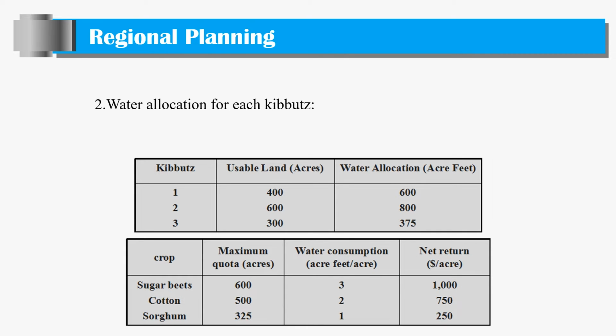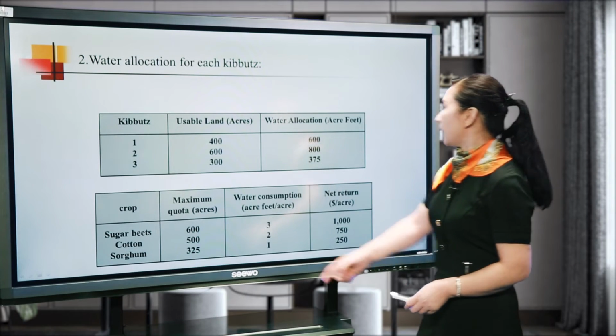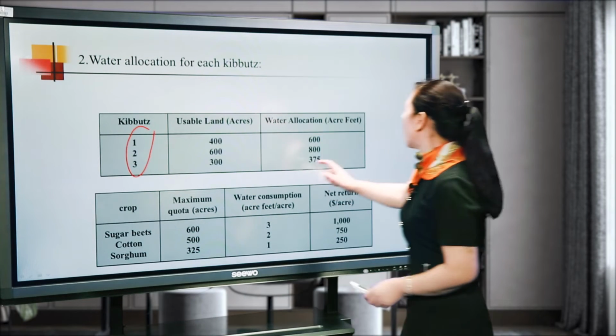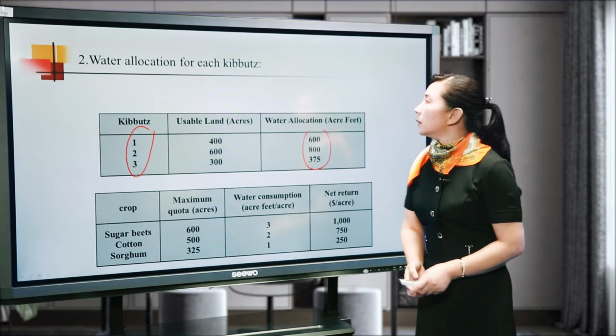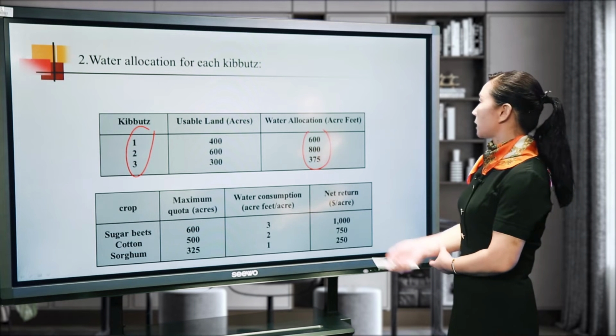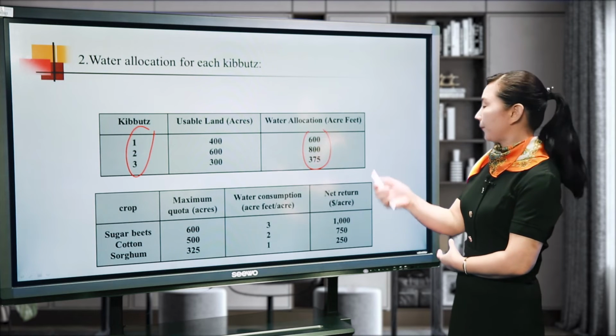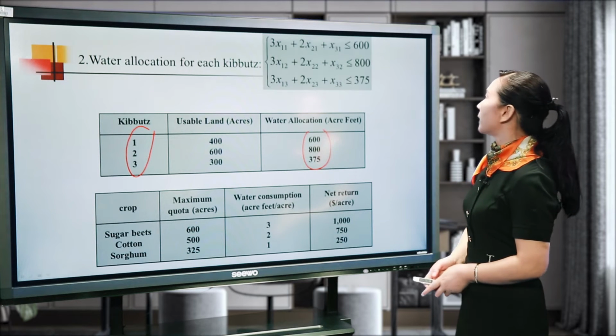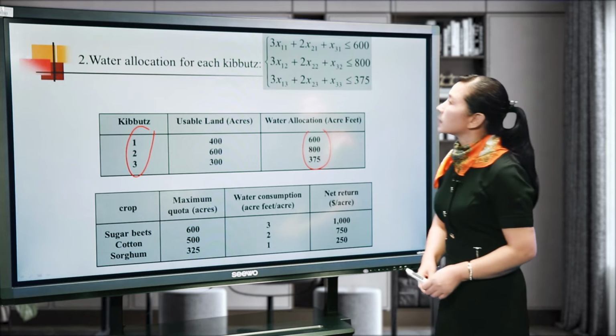The second type of constraints is water allocation for each kibbutz. We notice that each kibbutz has a water allocation limit. We describe these constraints like this.